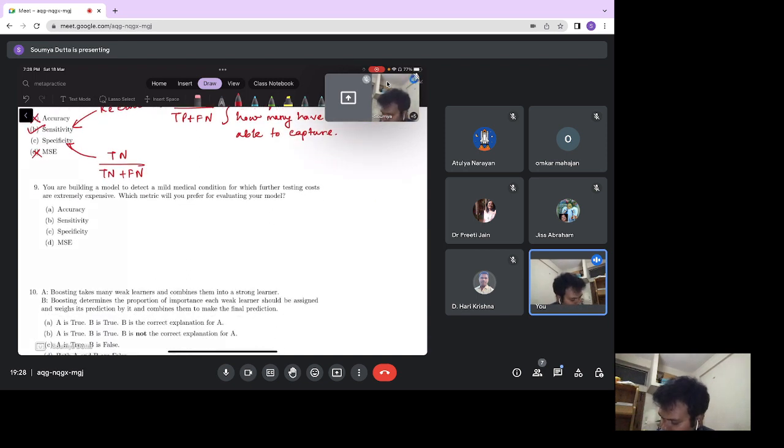Then the next case is you are building a model to detect a mild medical condition for which further testing is extremely expensive. Which metric would you prefer for evaluating your model? Again, accuracy and MSE are not even a question, and for medical cases you should never use accuracy because your data will be highly skewed towards one of the two directions. Further testing costs are extremely expensive, so what does that mean?